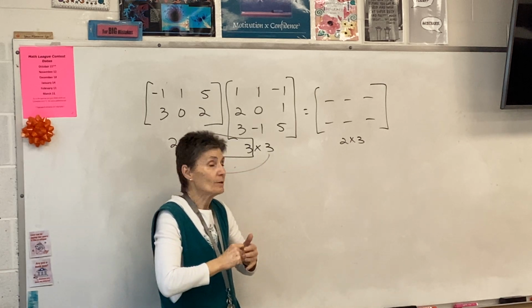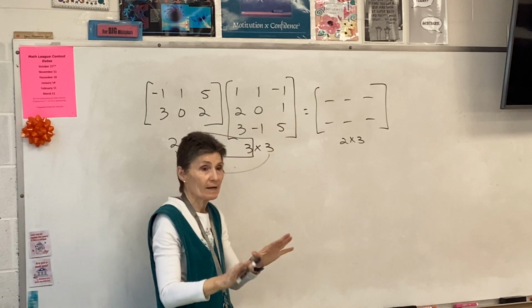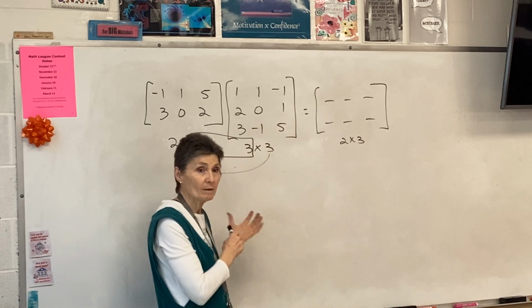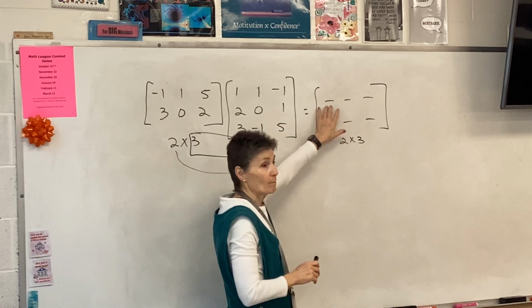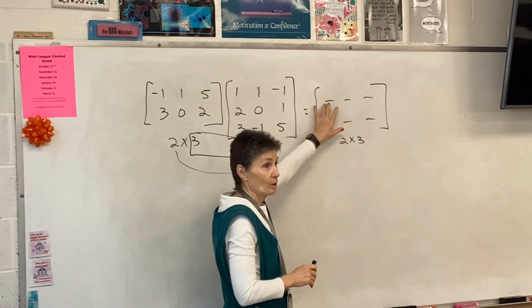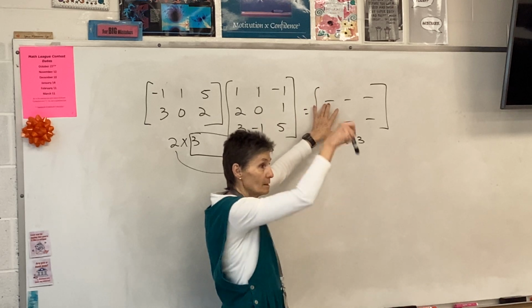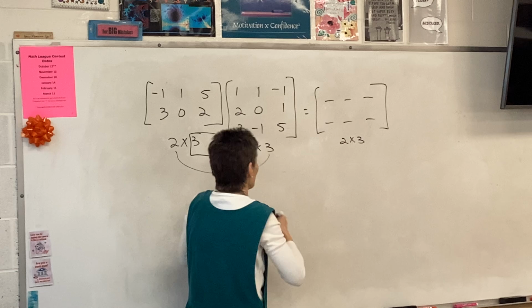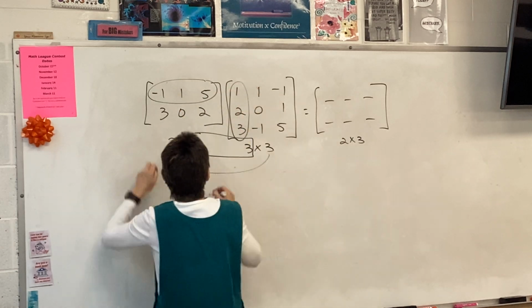All right. And you don't have to wait for me. We did a lot of this yesterday. Most of you, I think, had a grip on it. I'm going to go ahead and do it up here, but you go ahead and do it. Remember, if we want this number right here, we're going to multiply row 1 times column 1.